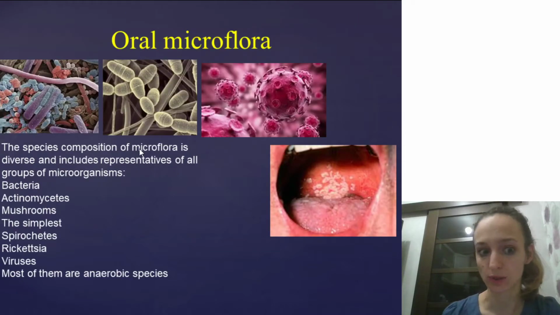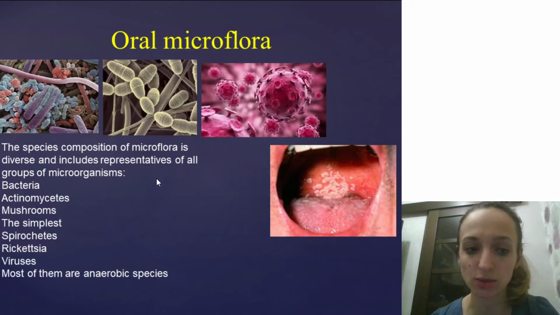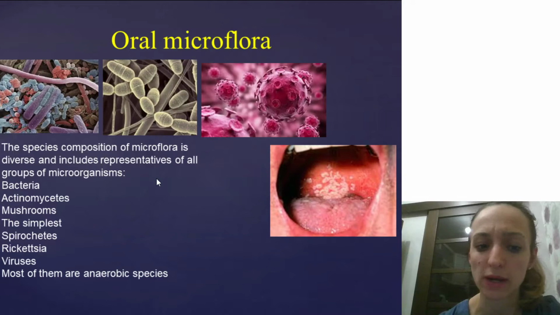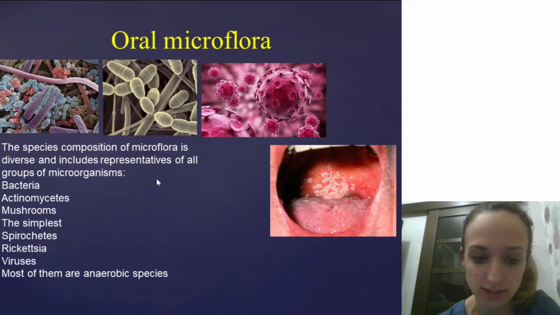Oral microflora. Very interesting information. The species composition of microflora is diverse and includes representatives of all groups of microorganisms. It is bacteria, actinomycetes, spirochetes, rickettsia, and viruses.